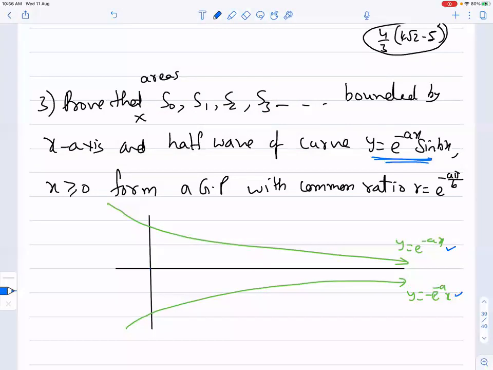So the graph will be somewhat like this. Understood? The question on what are S0, S1, S2, पहला वाला region area is S0, S1, S2, S3, S4. समझा ना अभी स्टूडेंट्स? समझा? Yes, sir.